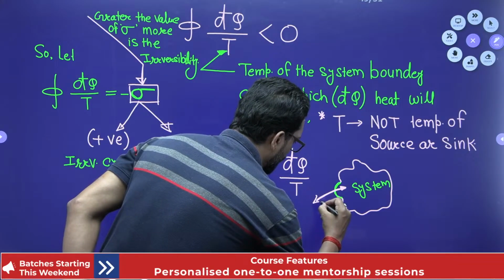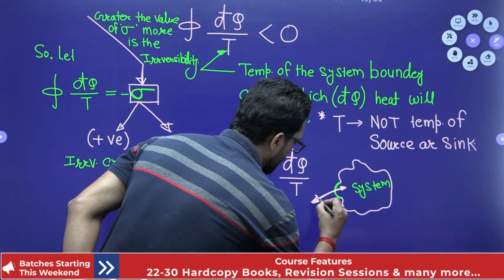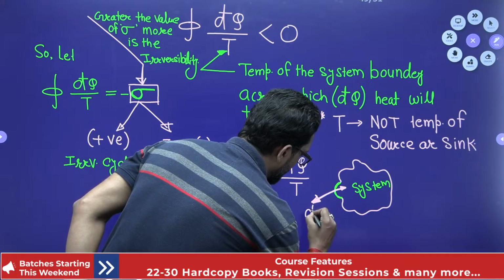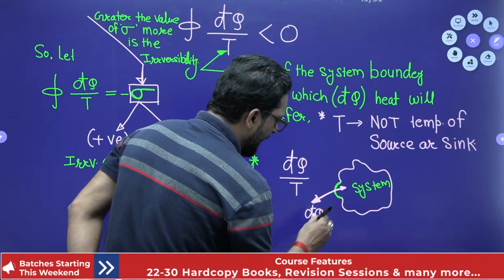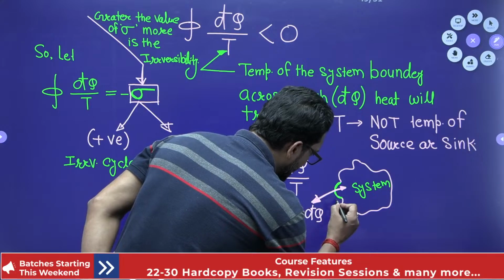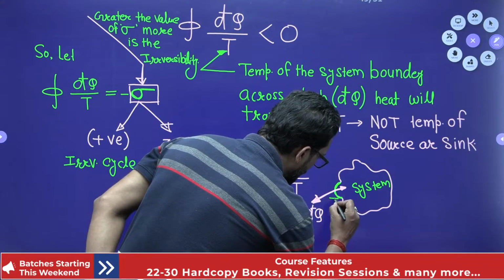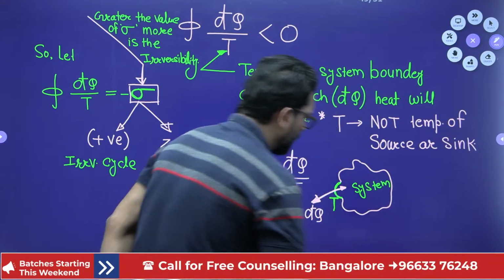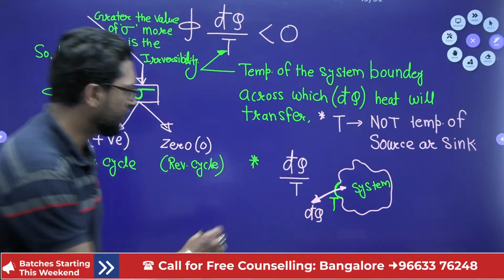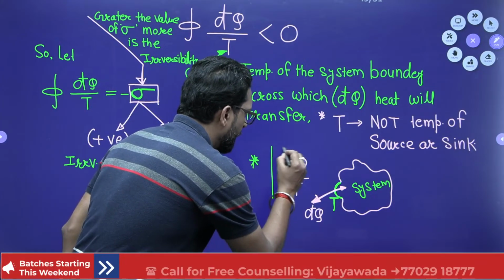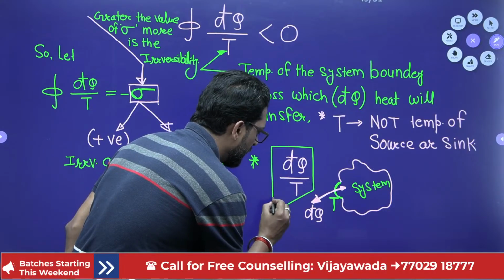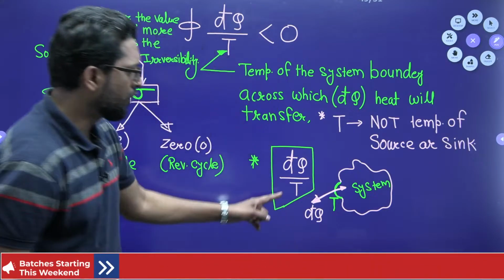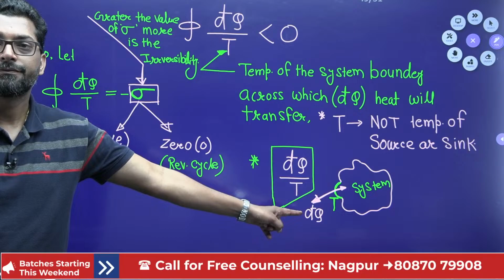That heat is dq, and this dq will transfer at a system boundary temperature T. So this is the representation of dq by T.